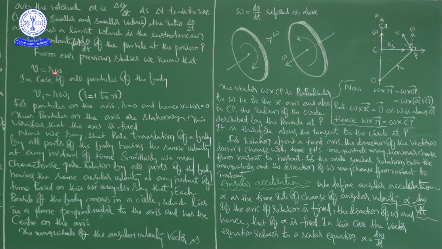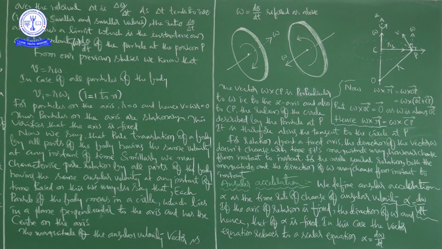Next, see this. In case of all particles of the body, you can write Vi is equal to R omega, because it is the general thing, right? Because a rigid body means not only one particle. So for every particle you can apply the same thing, where i is equal to 1 to n for all particles.